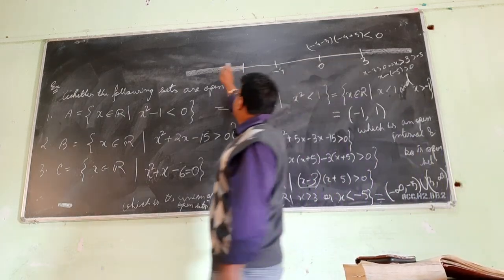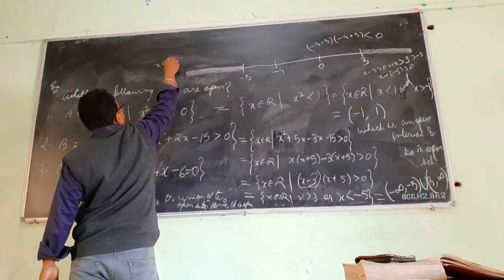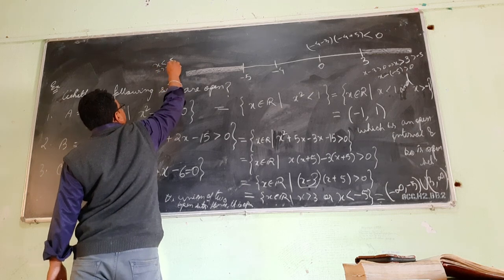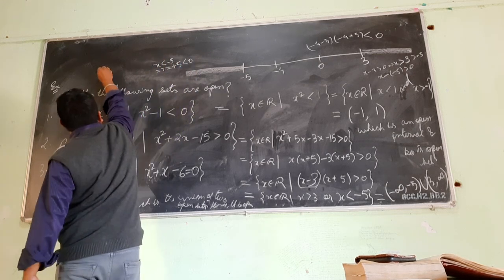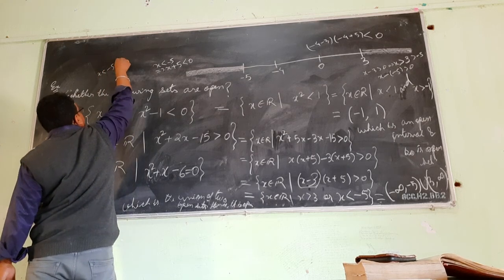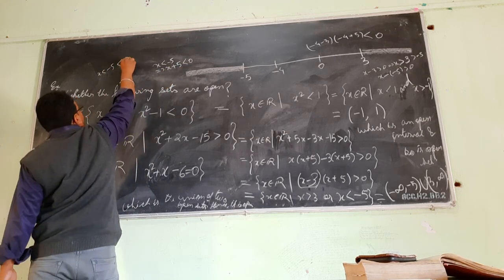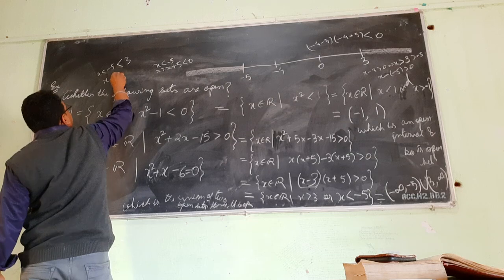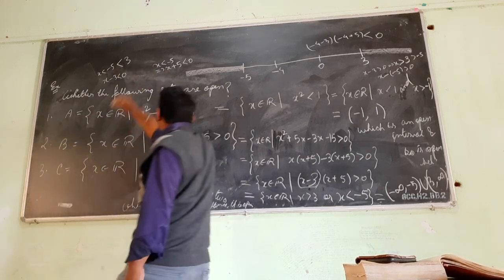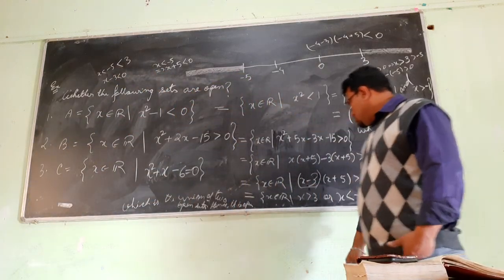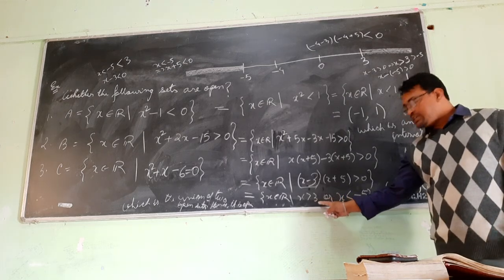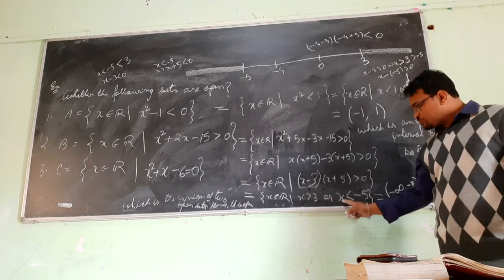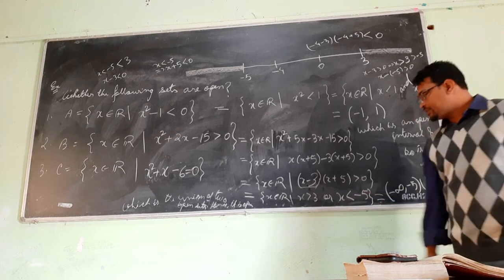If x is less than minus 5, then x plus 5 is negative, and x is also less than 3, so x minus 3 is negative. Both are negative, so their product will be positive. So it is greater than the larger one or smaller than the smaller one.